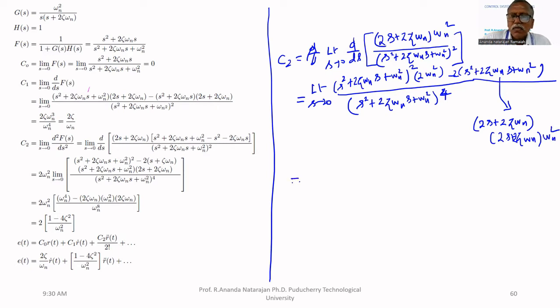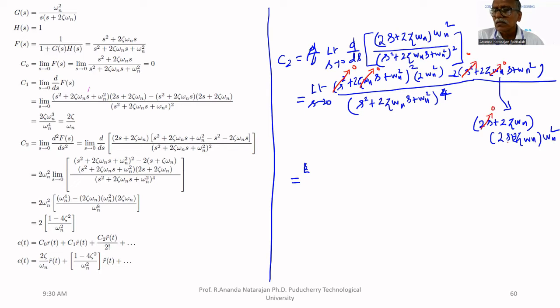That's all. If you take limit s tends to 0, this becomes 0, this also becomes 0, this also becomes 0.